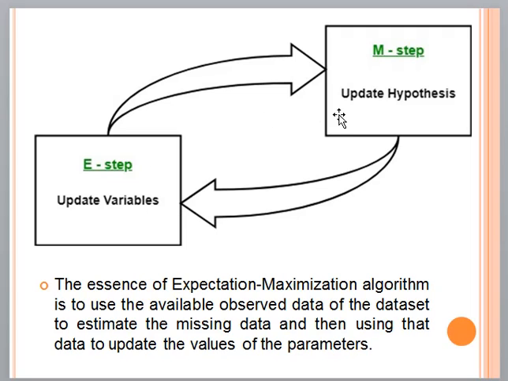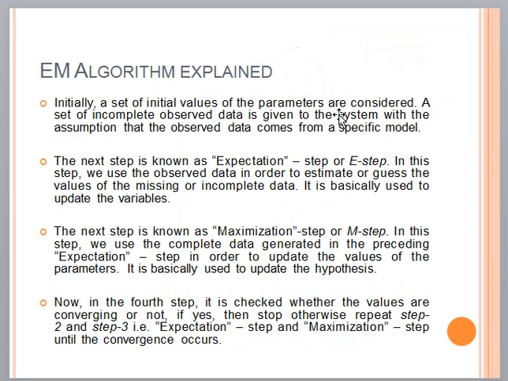The essence of the expectation maximization algorithm is to use the available observed data of the data set to estimate the missing data, and then use that data to update the values of the parameters. So let's have a little bit more explanation of the EM algorithm. It explains these two steps which I explained in the previous slide.